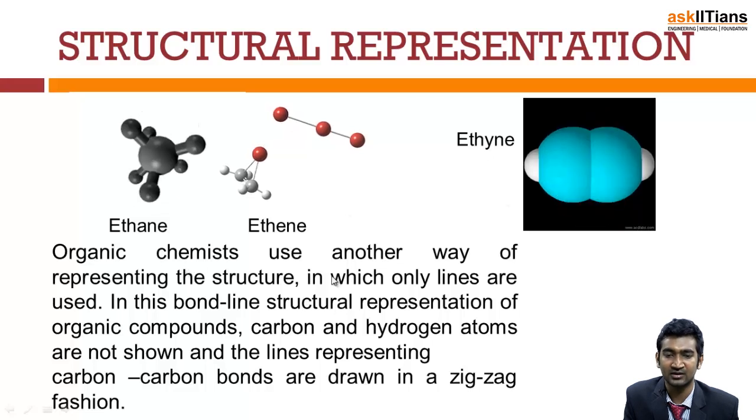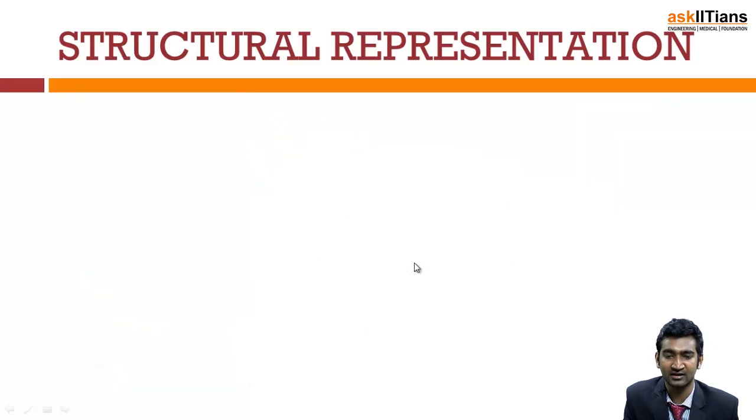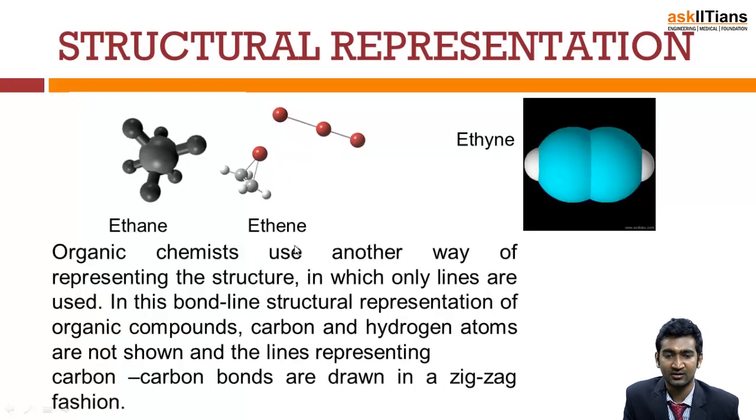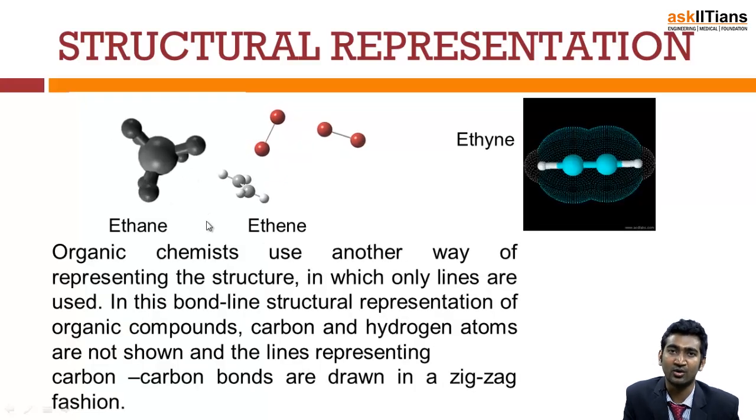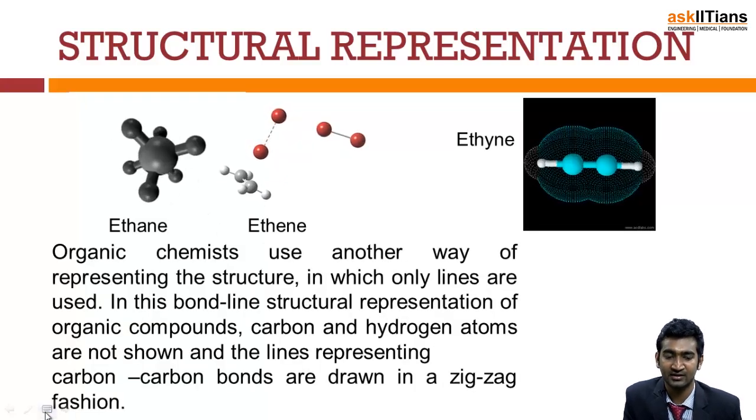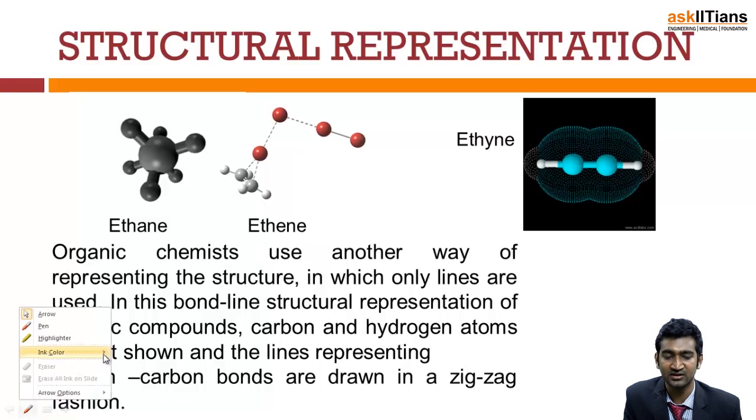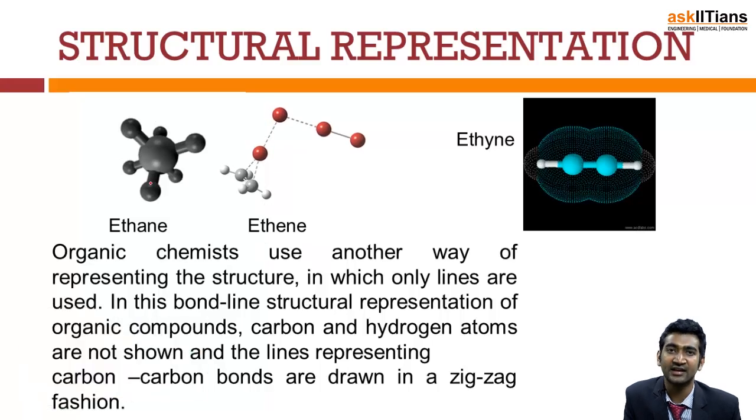And it is amazing to see that they can rotate their bonds, right? We have already learned these are sigma bonds. Ethane is your C2H6, and in C2H6 all the bonds present are sigma bonds.